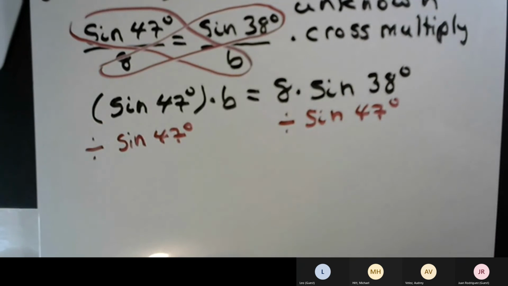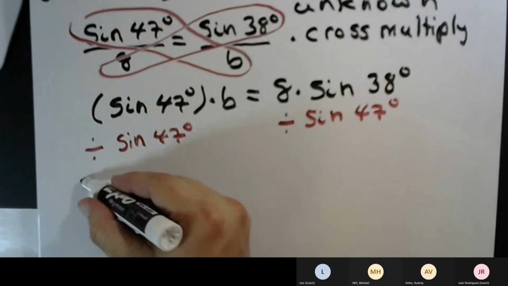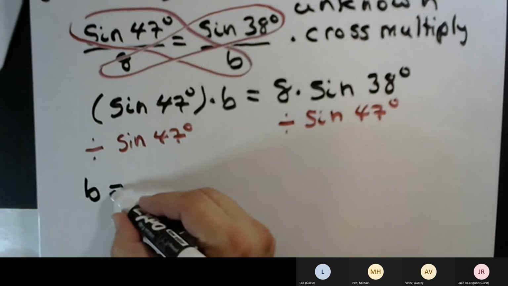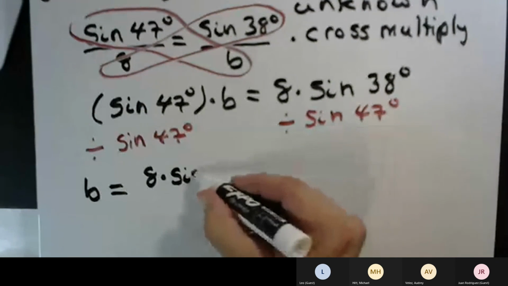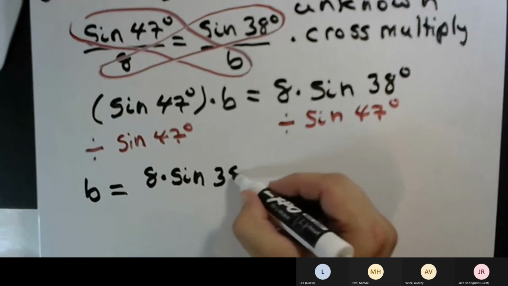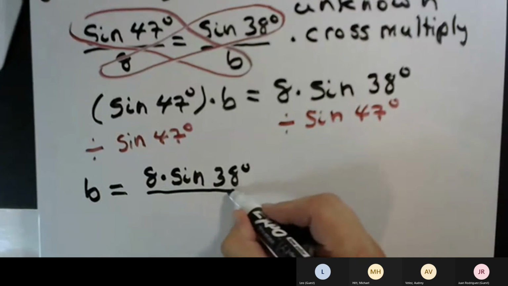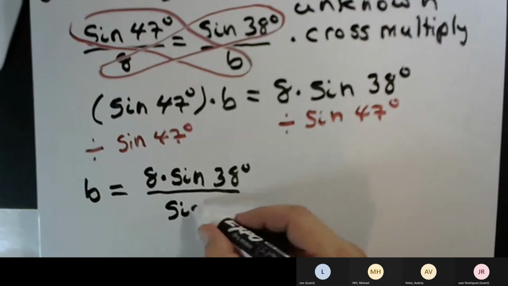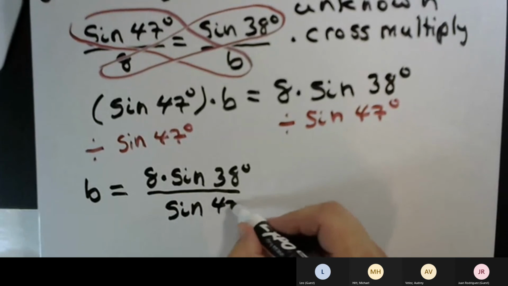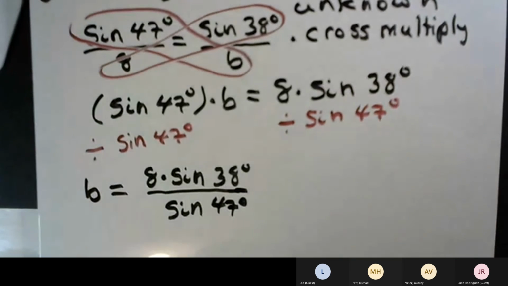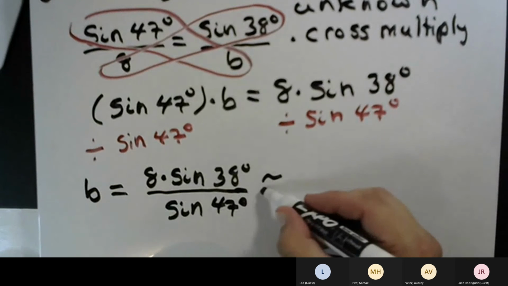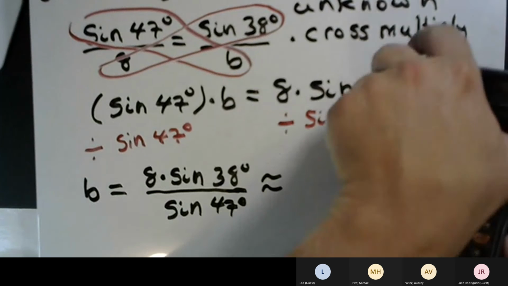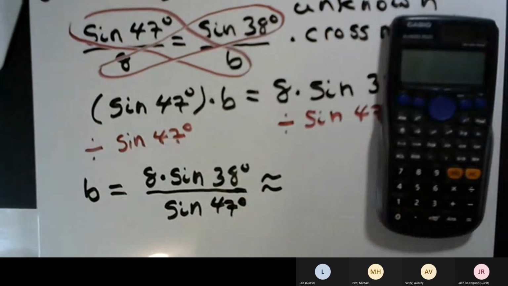So what does this look like? Well, we're going to get b equals 8 times the sine of 38 degrees over the sine of 47 degrees. And then we can calculate this in the calculator. I'm going to round my answer here.